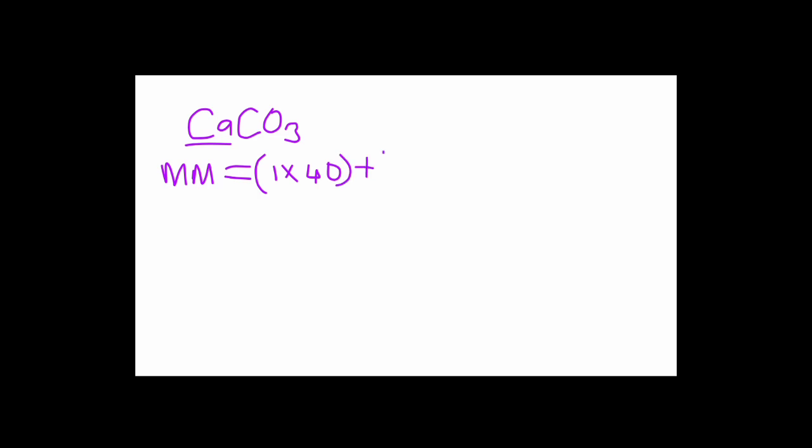Plus, we have one atom of carbon, so we say 1 times 12, which is the atomic mass of carbon, and then we say plus. Oxygen, we have 3 atoms of oxygen times 16.